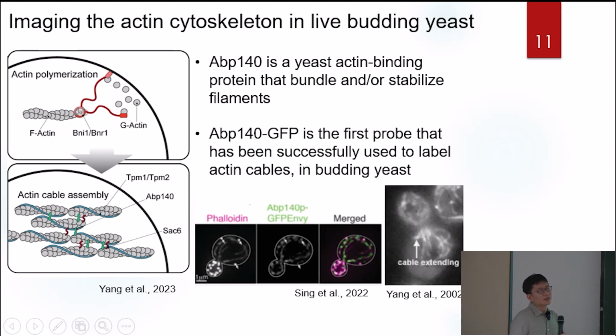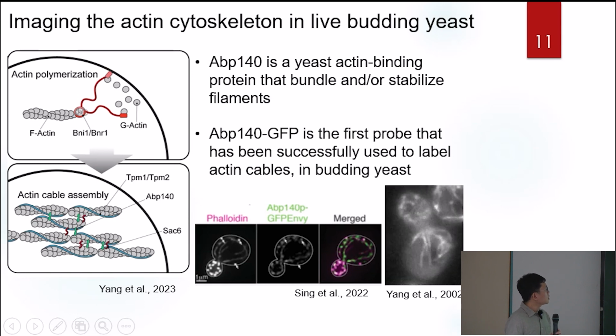In most cell types, the main track for moving cargoes is microtubules, but in yeast it is actin. So they will form actin cables and become a track for mitochondria moving, other vesicles moving.